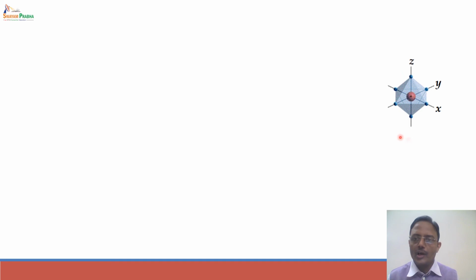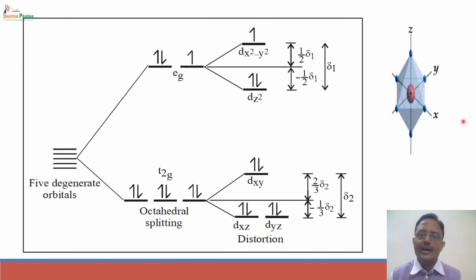This is a perfectly octahedral geometry, and if the ligands are experiencing more force of repulsion along the z axis, then there will be elongation along the z axis. As a result, the perfectly octahedral geometry converts into a distorted octahedral, or what we call a tetragonally distorted octahedral geometry, and there is a further splitting of d orbitals: the eg set splits into dz2 and dx2-y2. Now dz2 decreases in energy because there is now less repulsion along the z axis.